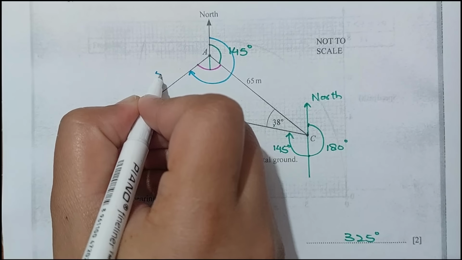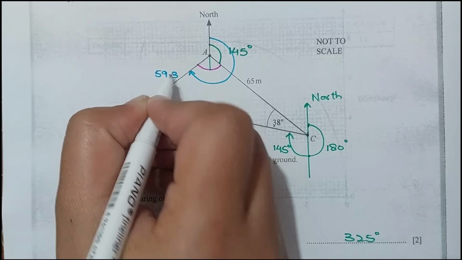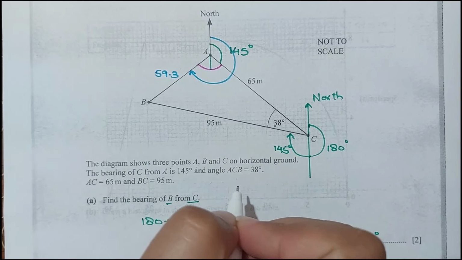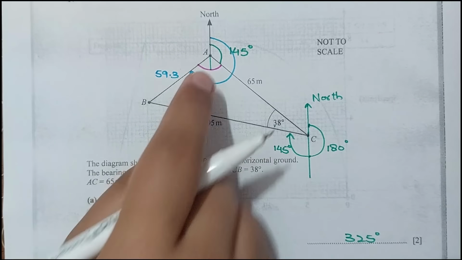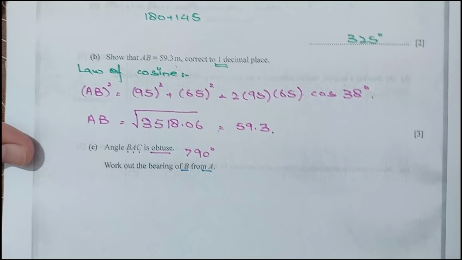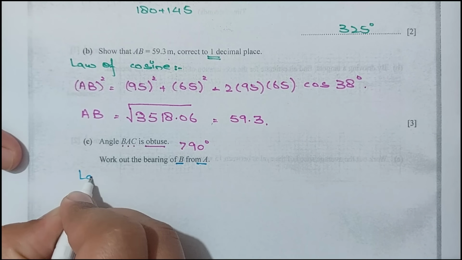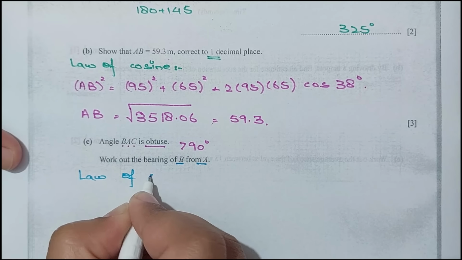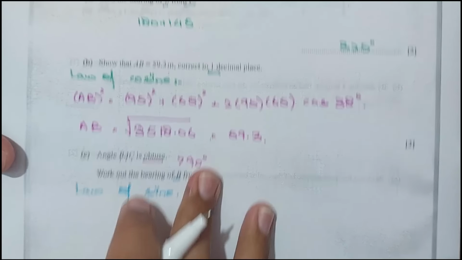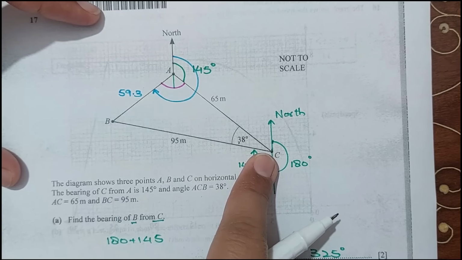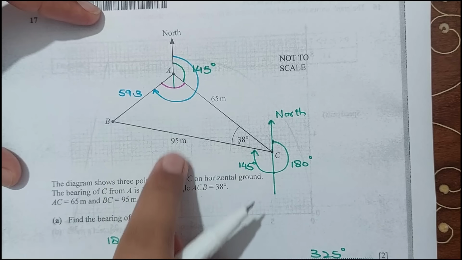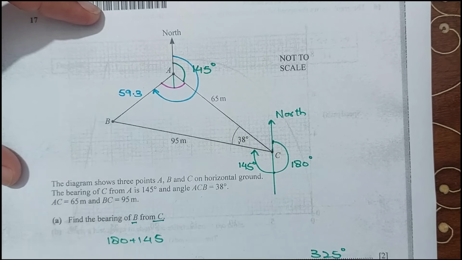So this length is 59.3. We have all three sides of the triangle and one angle. We can find this angle by using the law of sine. Let me apply the law of sine. Let's say this is angle A, this is angle C, and this is angle B. Angle A and its front side, angle C and its front side.